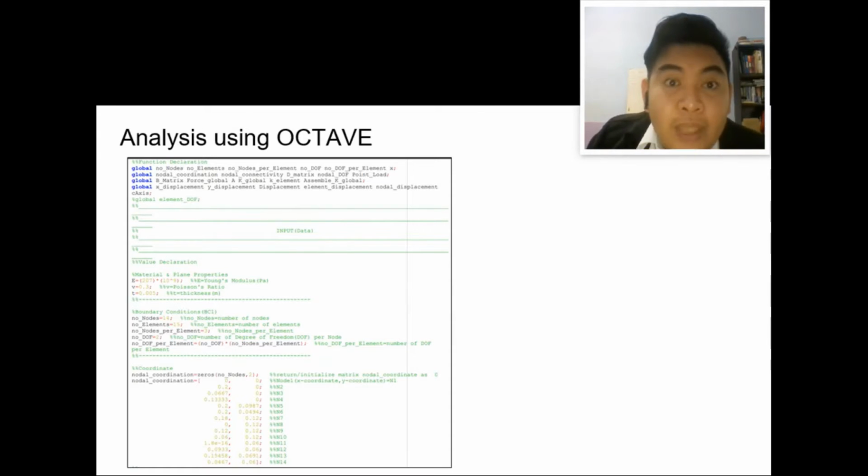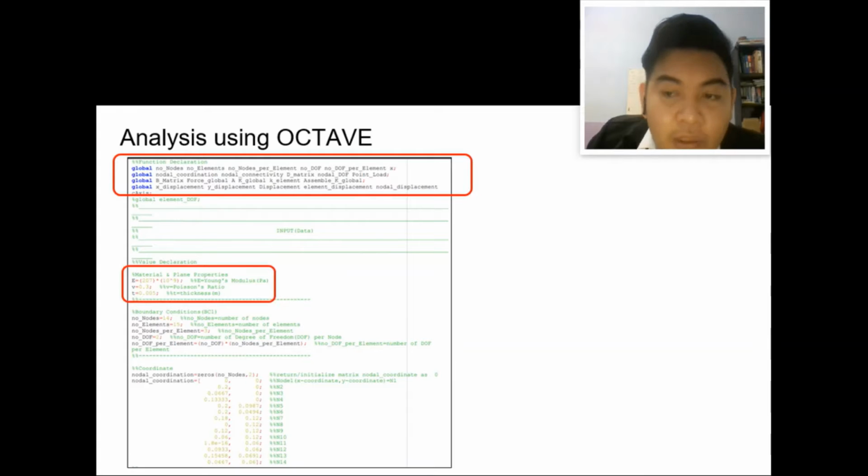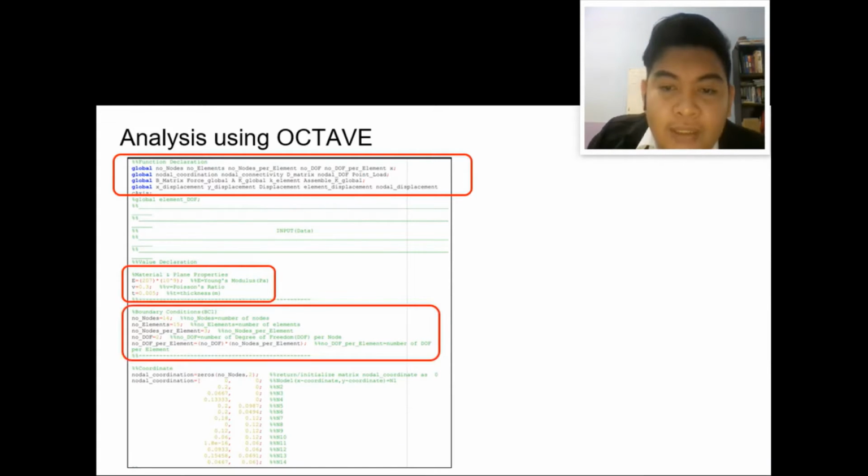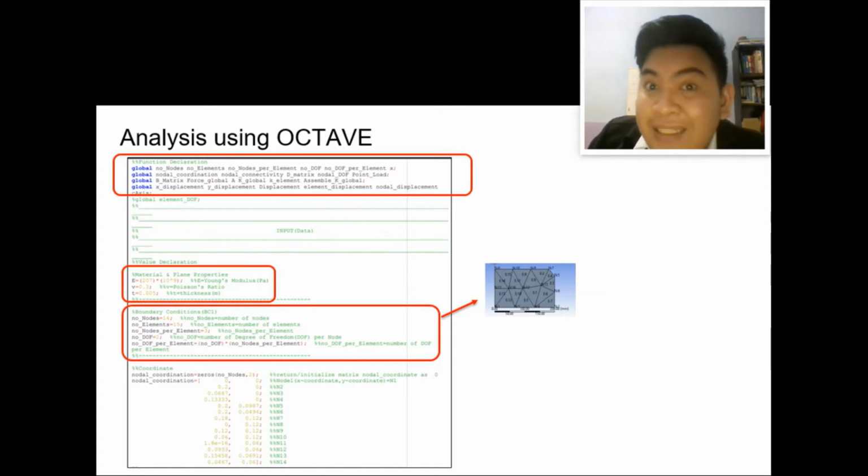Directly to the point, the first thing we need to do is declare all the functions and values of the properties that we are using. Then we assign the first phase of our boundary conditions according to the element distributions generated from ANSYS, as we want to compare with the same reference conditions.